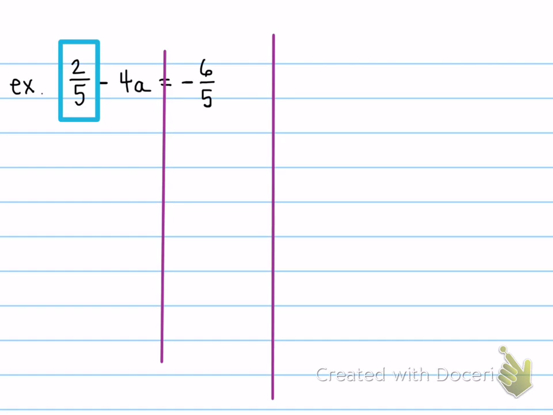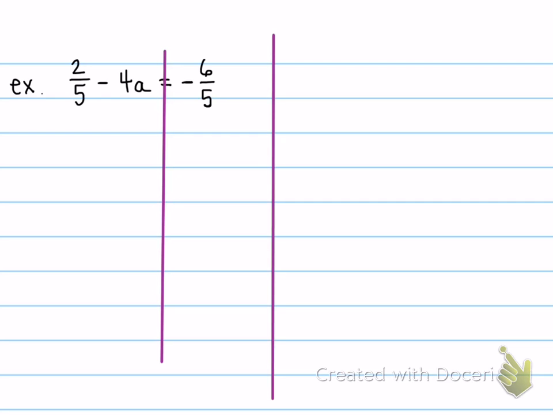The only time you multiply by the reciprocal is when your problem looks like this, where it's multiplied to it, or looks like this. Those are 2/5 multiplied to a, or 2a over 5, which is the same as 2/5 multiplied to a. Those are reciprocal problems. So we're not going to do that here because that 2/5 is kind of sitting outside of it. So that has to actually be added or subtracted.